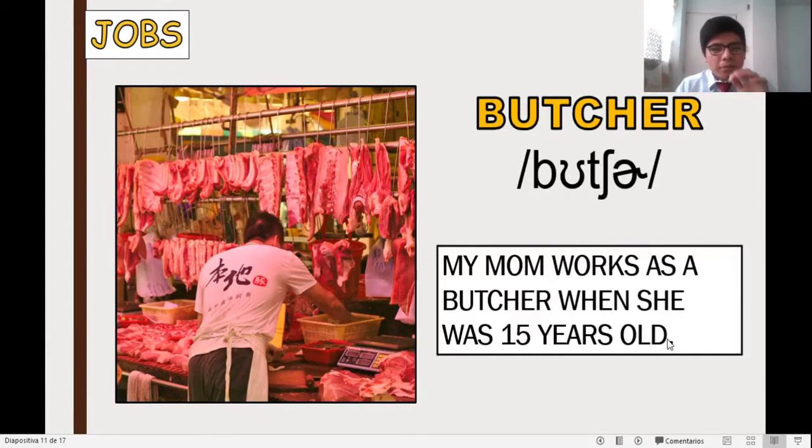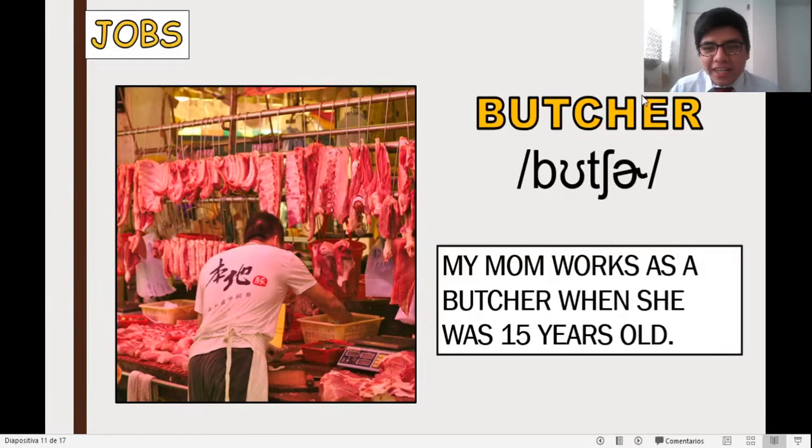That's a great example. So repeat after me. It's not butcher, it's butcher. Butcher, exactly. Repeat after me. Butcher. That's great. Okay?